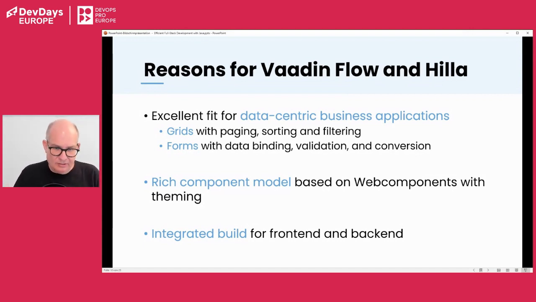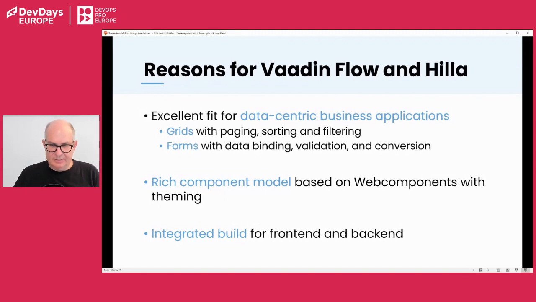The other thing that you also need is a component model. So you don't want to build your components from scratch, or you want to use HTML to create the components. So Vaadin comes with web components that are already pre-made, and they are easily stylable for your needs, because it's important that your application at the end looks like a design that you get from a UX designer, or, for example, you have a corporate design that you may want to use.